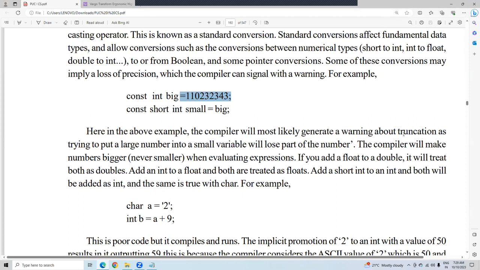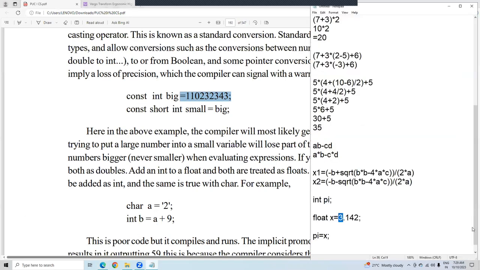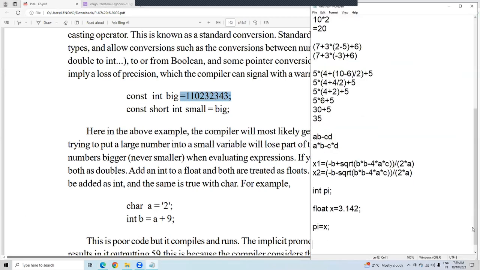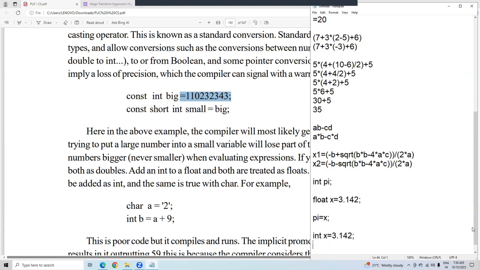If you add a float to a double, it will treat both as doubles. If you add an int to a float, both are treated as float only. See, for example, if there is an int x equal to 3.142, fine.